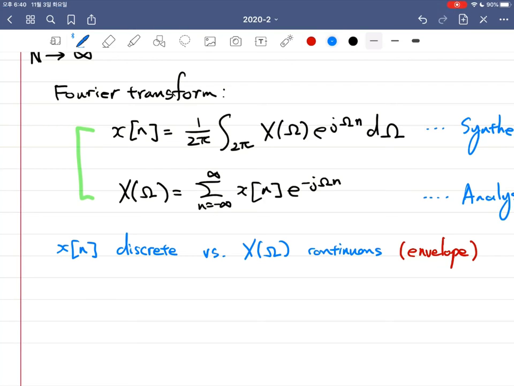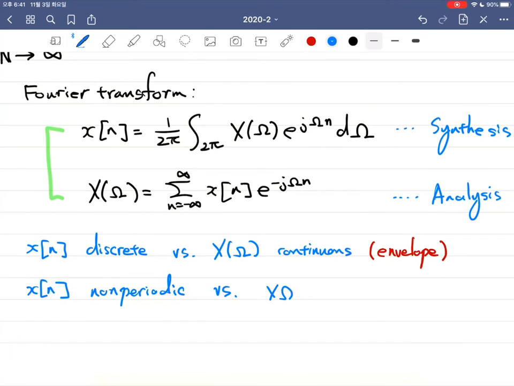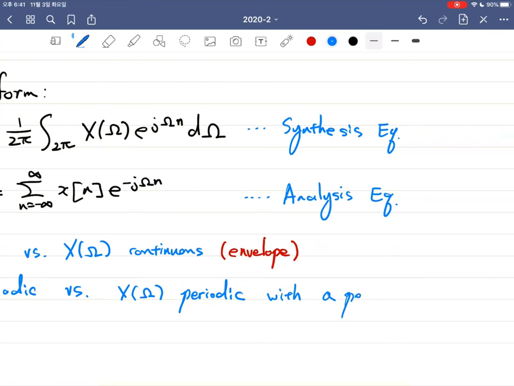We are now covering the general case where xn is non-periodic. However, recall that ak is always periodic. Therefore, X of omega is periodic with a period of 2 pi.